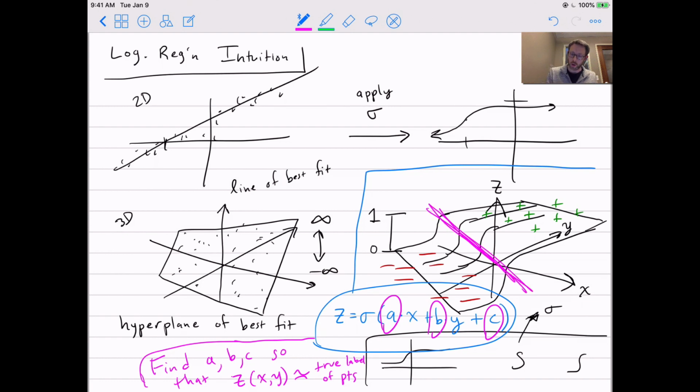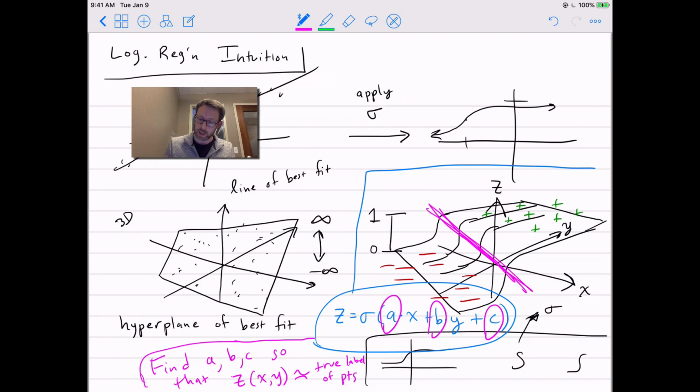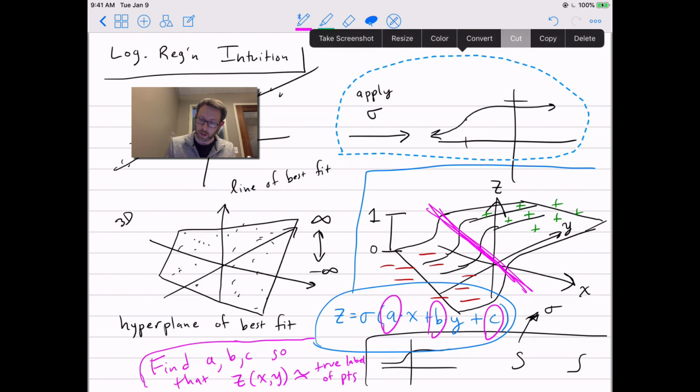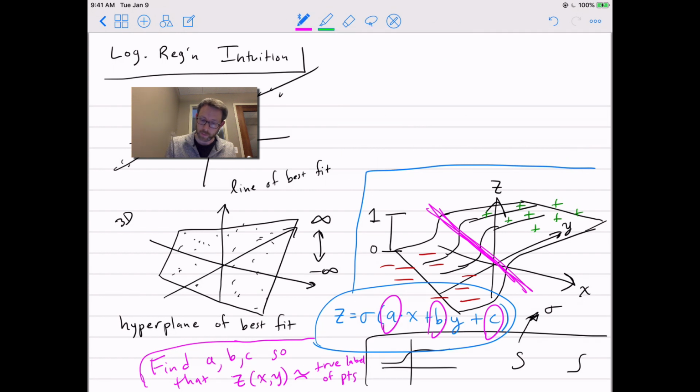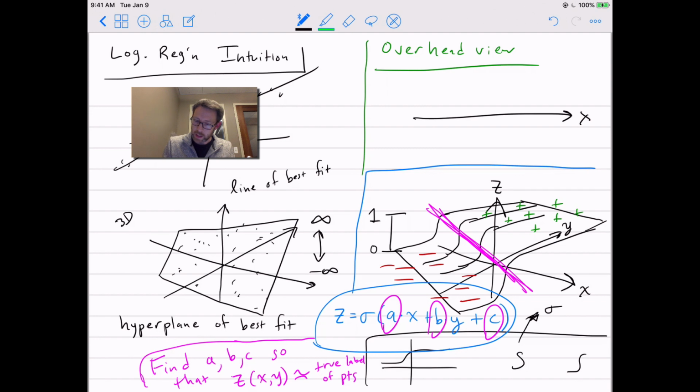Like if I were to draw an overhead view of this, let me erase some stuff here. So if we were to draw an overhead view of this, then I'd have X and Y, and then I've got my pluses. Which quadrant are my pluses in?